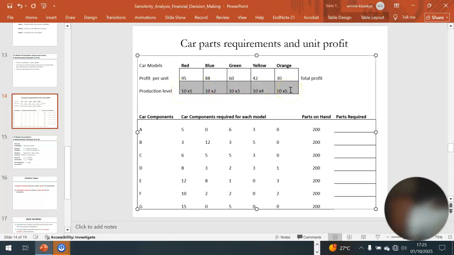This is this times the car components, okay? So what we mean here is parts required should be less than or equal to parts on hand, as we can see here.